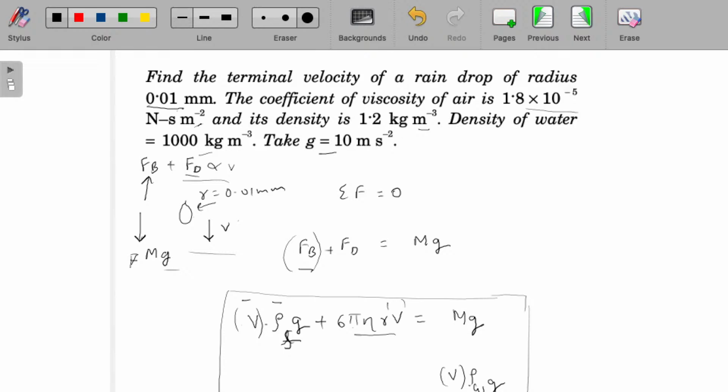Now this should be added with the drag force Fd, which is supposed to be equal to 6 pi into eta. What is eta? Eta is 1.8 into 10 power minus 5, and multiplied by the radius r, which is going to be 0.01 mm. So 0.01 into 10 power minus 3 meter.